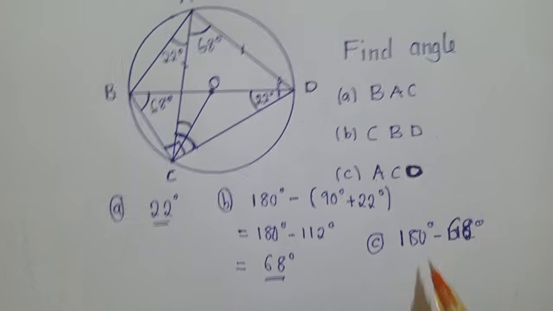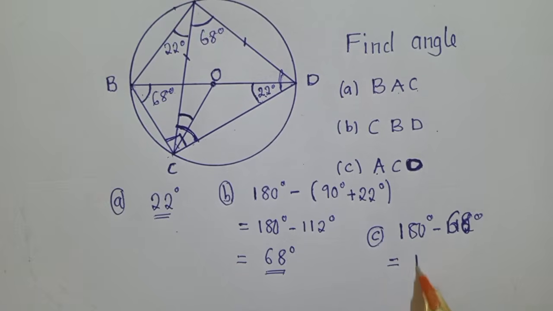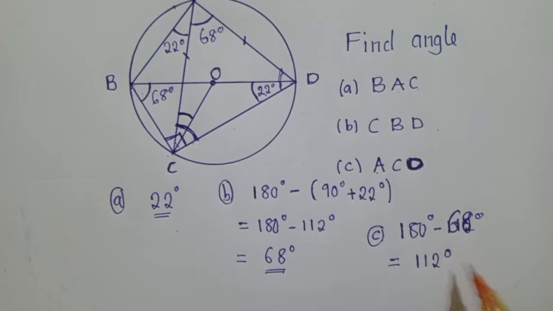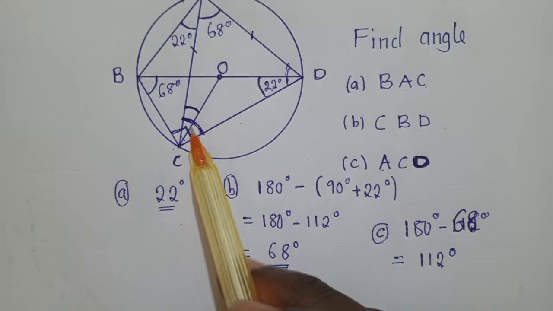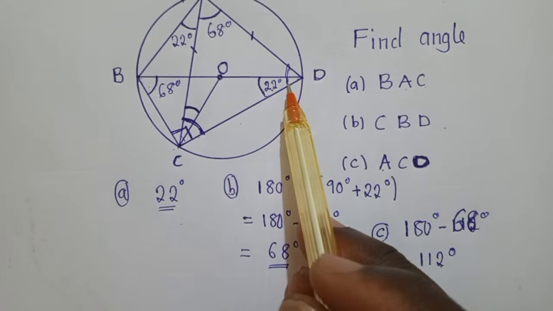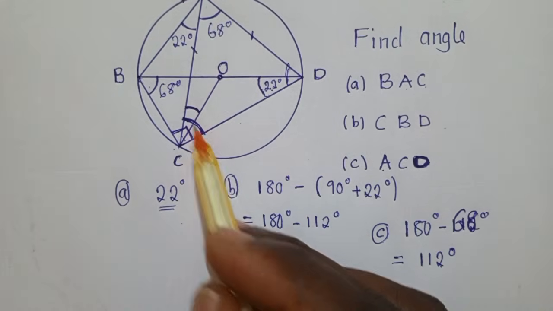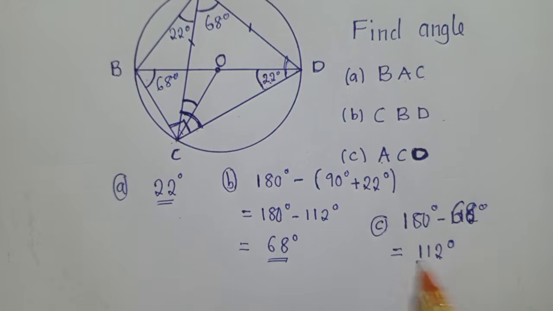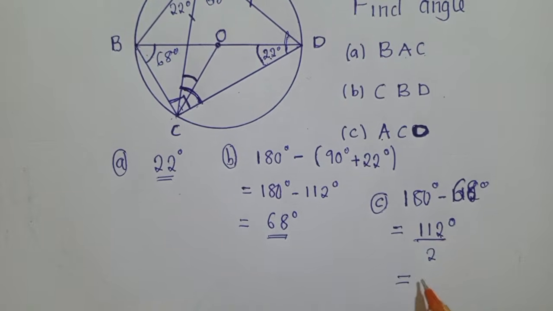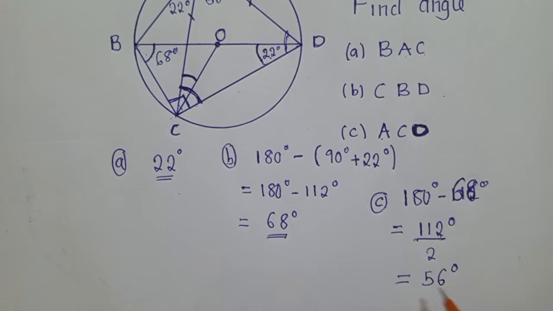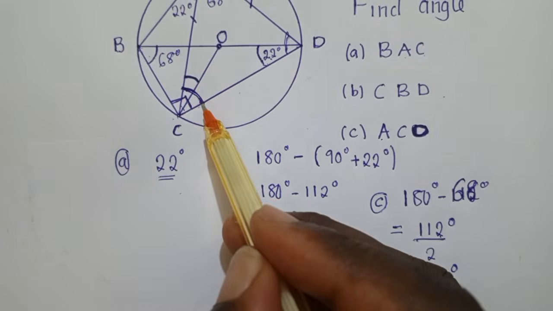So when we subtract this, we are going to get 112. So this 112 is the sum of this angle plus this angle. To get one angle, which is this one, I'm going to divide by 2. And when I divide by 2, I'll get 56 degrees. So 56 is for this angle.